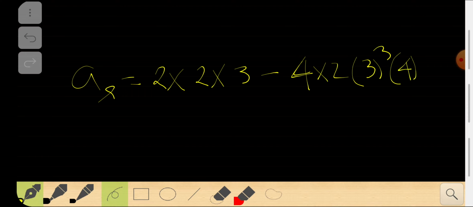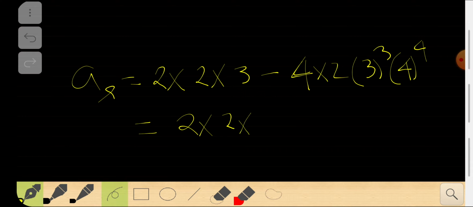Okay, now I got that. Now you can take out the 2 times 2 times 3 outside. I did this before, so let me look at it.